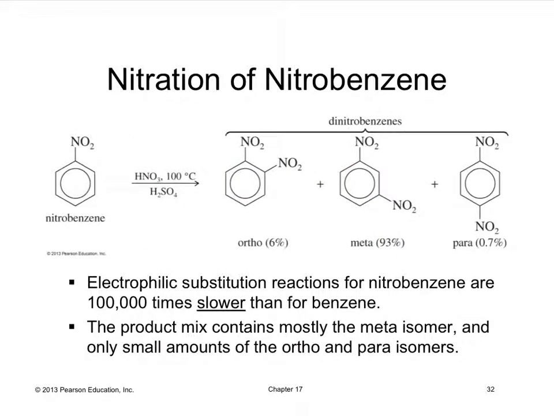So if we look now at nitrobenzene, the nitro group is an electron withdrawing group, and if you're doing nitration, in this case your electrophilic substitution reactions for nitrobenzene are 10,000 times slower than for benzene, and your product is predominantly the meta instead of ortho and para.